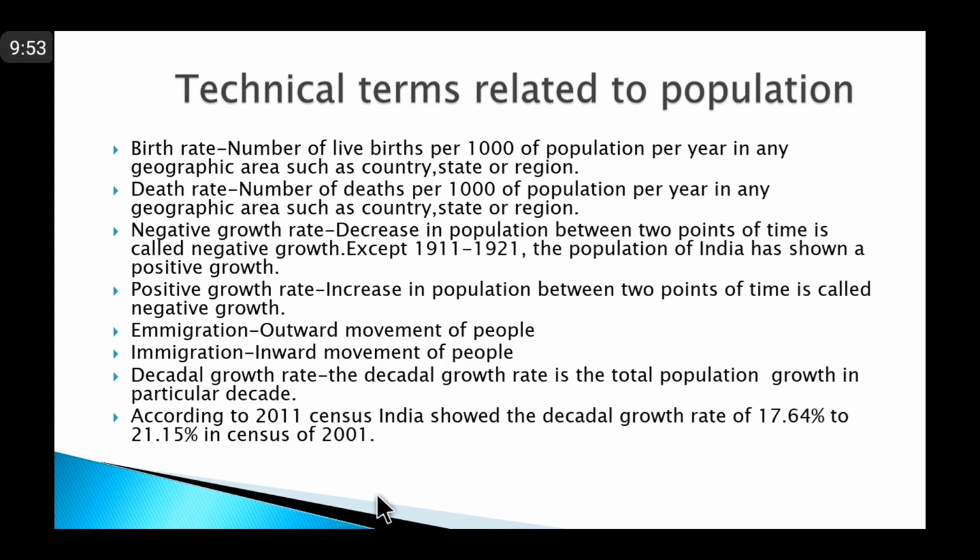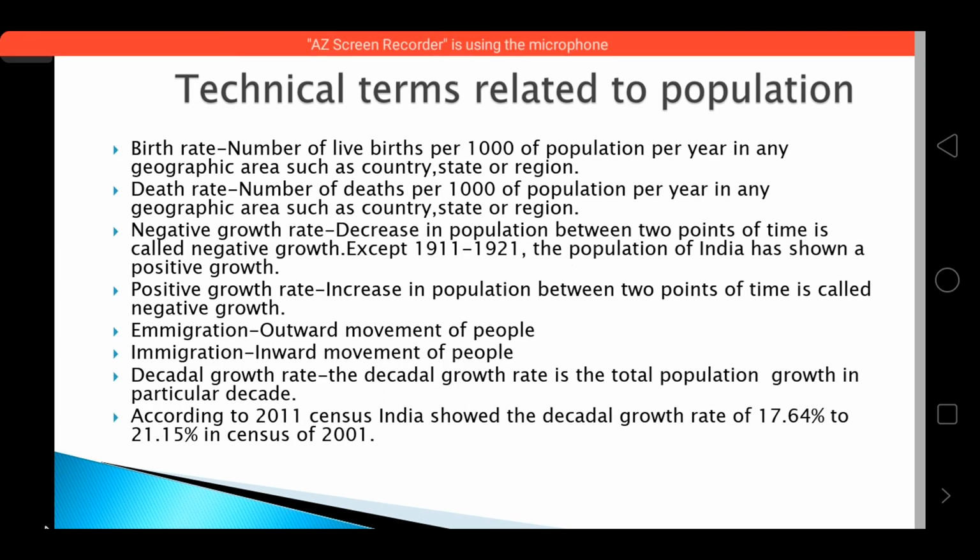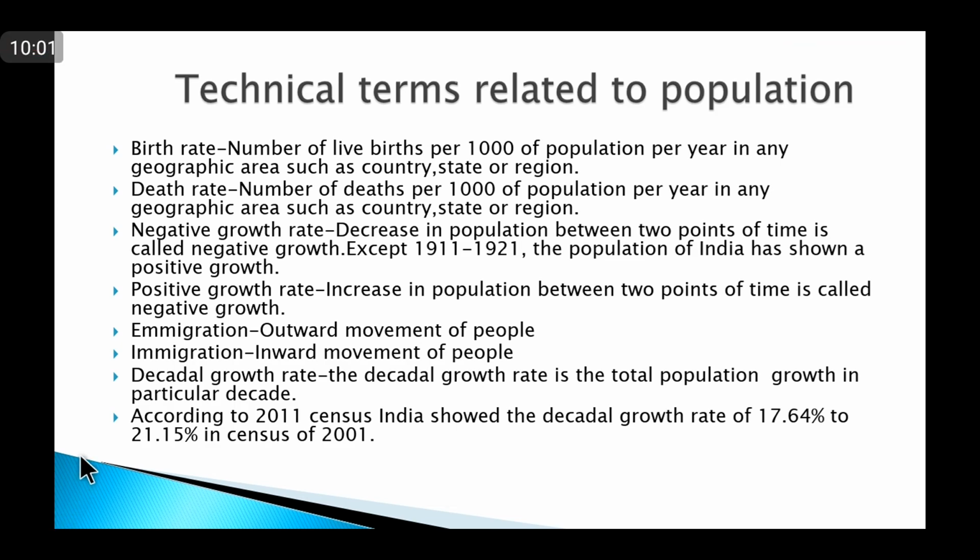The absolute numbers added each year or decade, decade means the 10 years, is the magnitude of increase, and it is obtained by simply subtracting the earlier population from the later population.